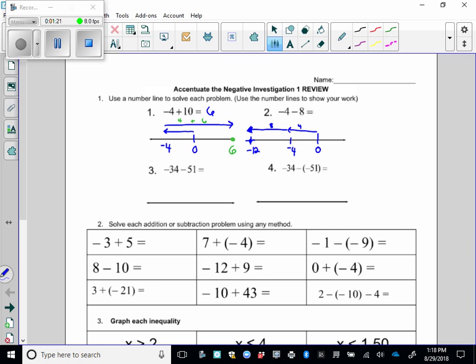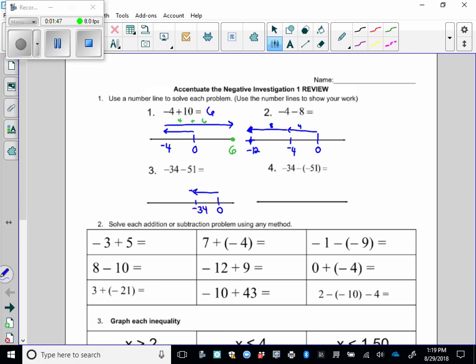So no matter what the numbers are, you can use the same number line, you just have to do different spacing. So if I'm looking at -34 and then going 51 lower, I'm going to have to space out appropriately. So this would be my -34.